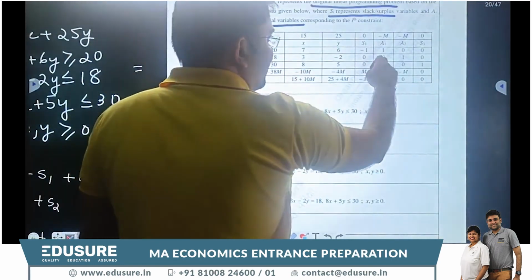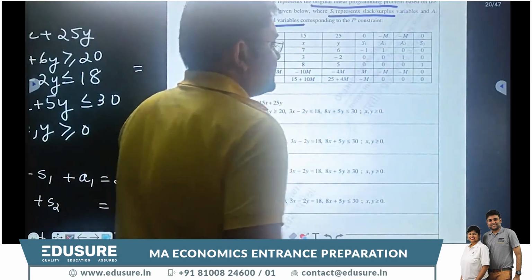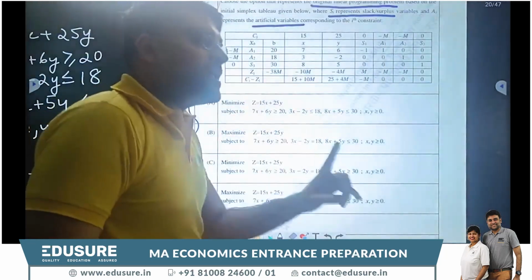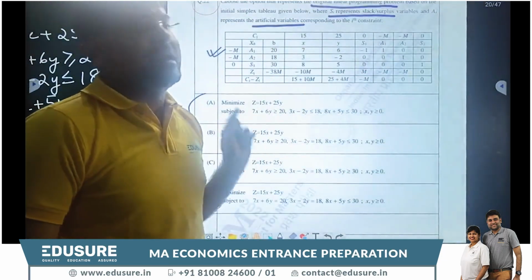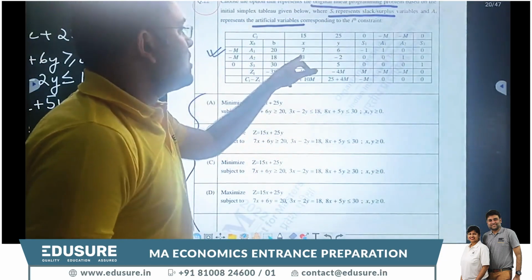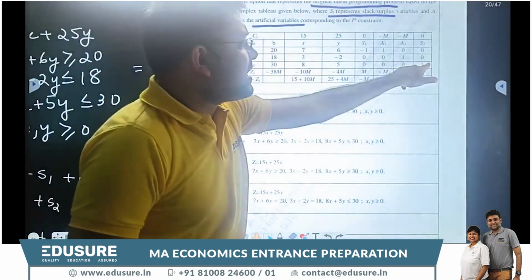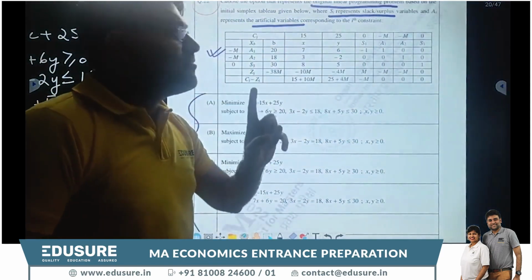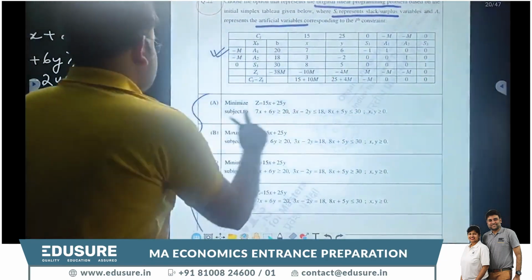I don't have any slack variables for the second one, but I have an artificial variable. Only one artificial variable basically means that it has an equality sign, equal to sign. So 3x minus 2y is equal to 18. Here I have only one slack variable, that means that it is a less than equal to, 8x plus 5y less than equal to 30.